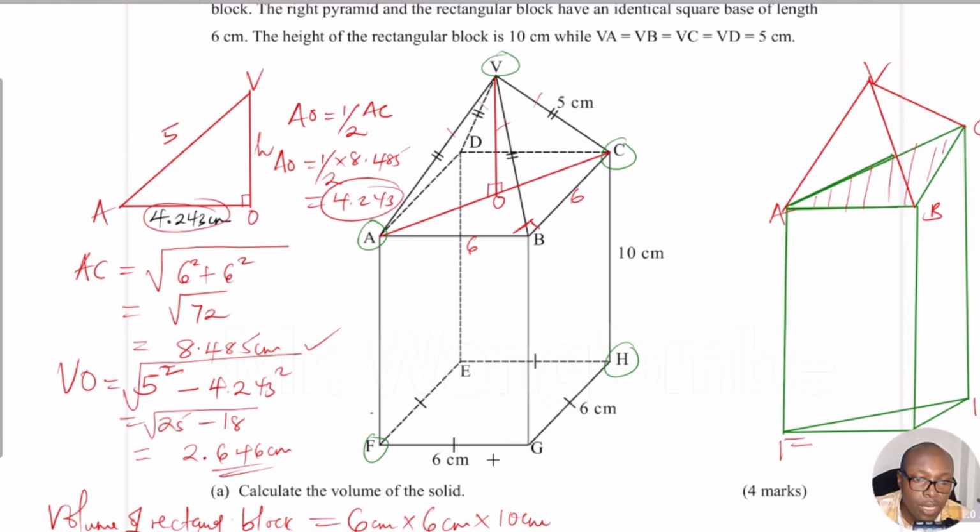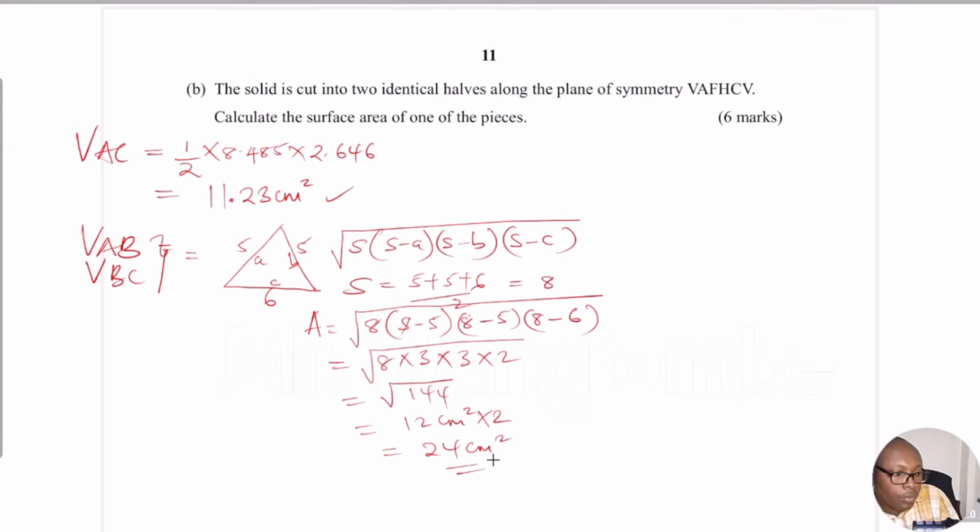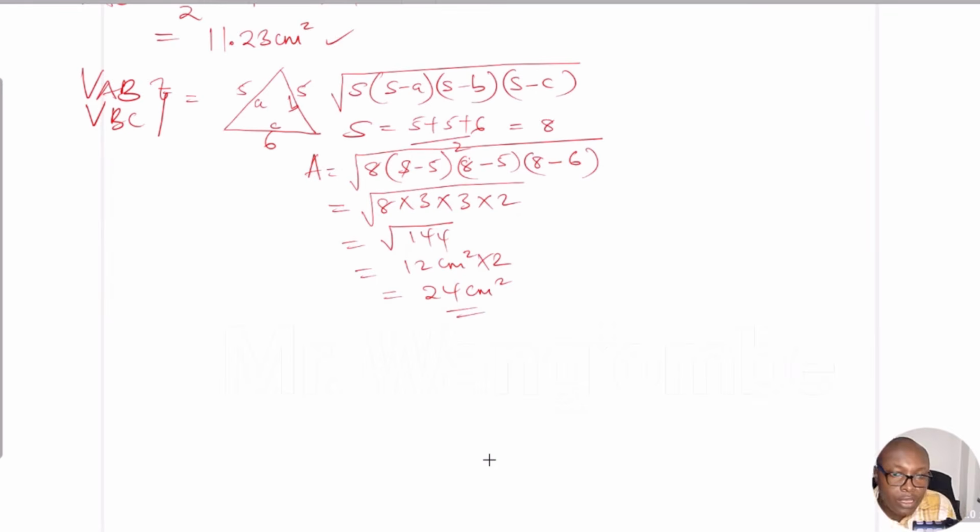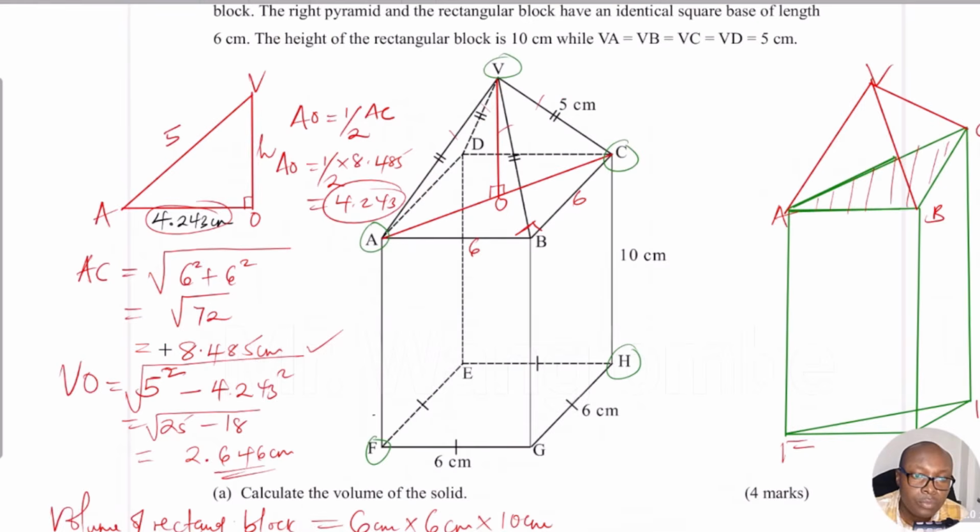For the cuboid, we have AFGB, which is similar to BGHC.